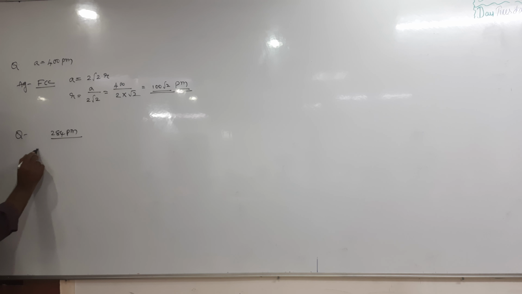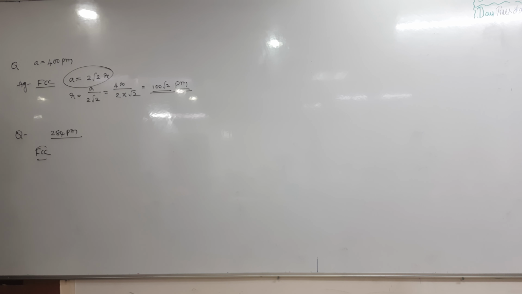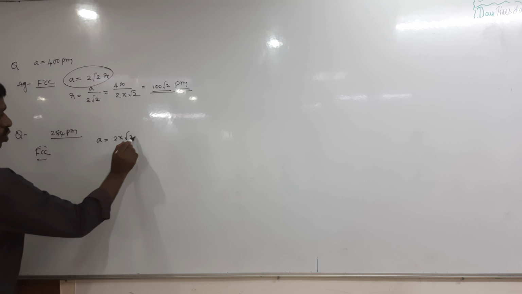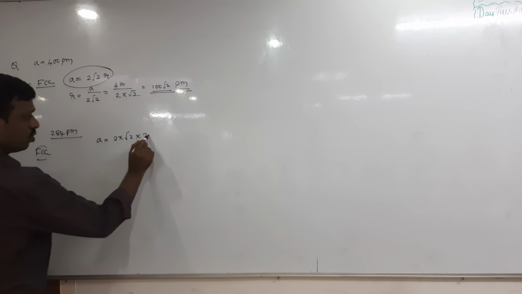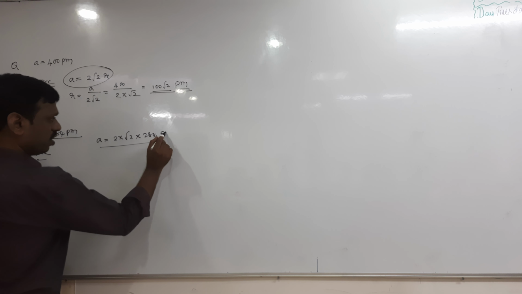568. It is FCC, no? So it is again the same formula, no? So A equal to 2 into root 2, R equal to 284 given in picometer.